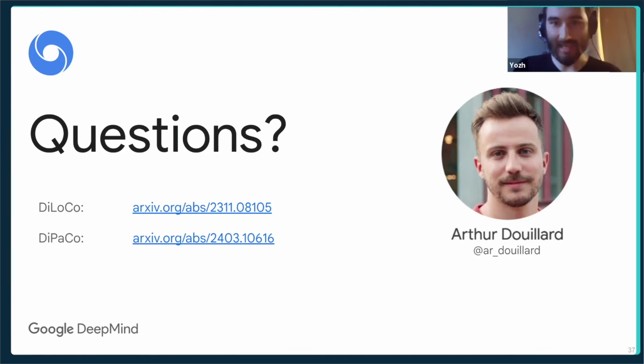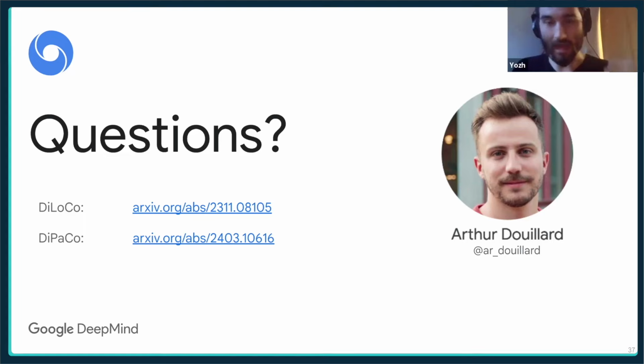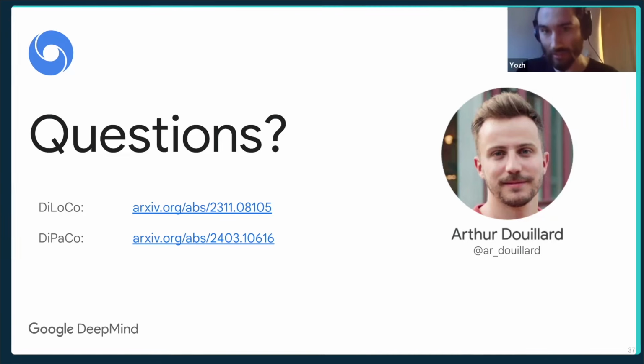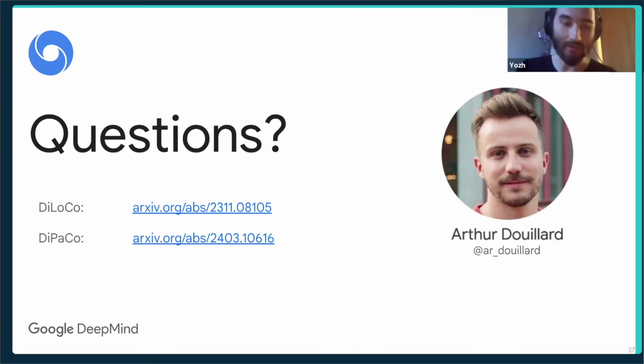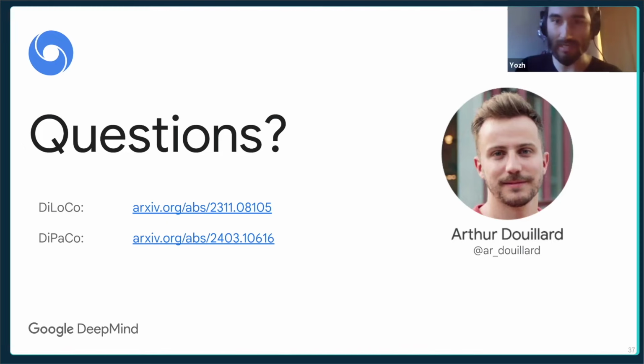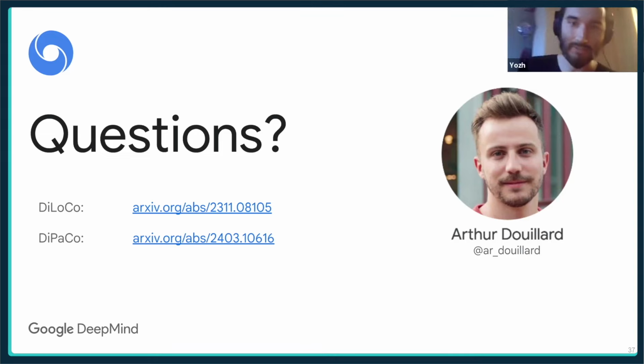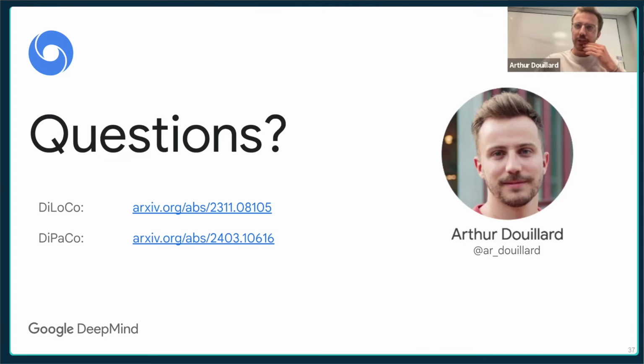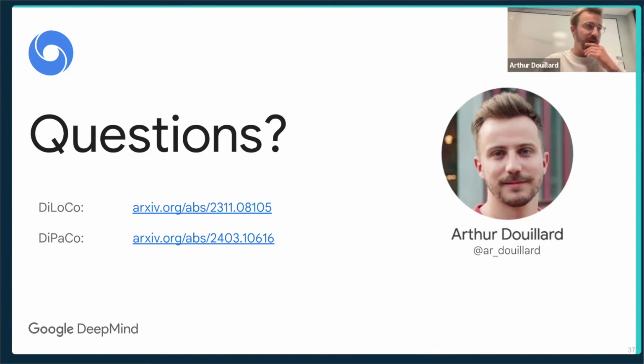Is this the case with DiPaCo? If not, how do you establish that the training dynamics are the same as in centralized training? If it is the case, are there ways to mitigate this, or should we embrace this? What's your stance on this? Sorry. No, that's an excellent question, and I think that's also an open question.